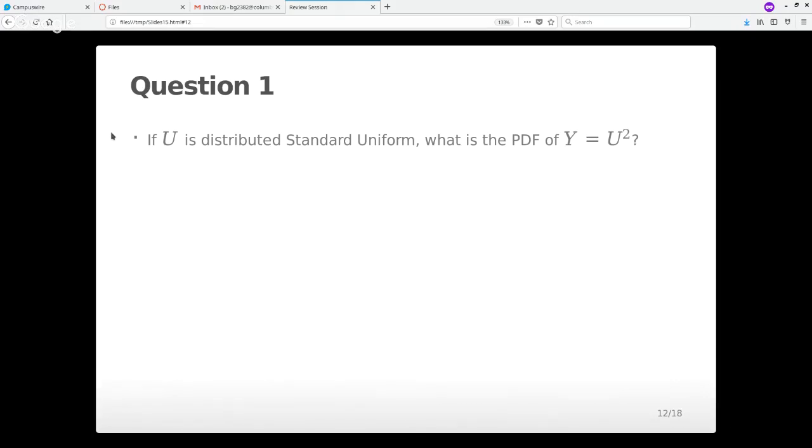So the first half of that was right. The standard uniform density is constant at 1. But we're not squaring the density. We're squaring the random variable U. And so it's actually going to have a density function that is not uniform.